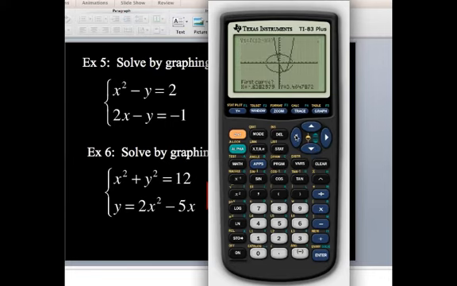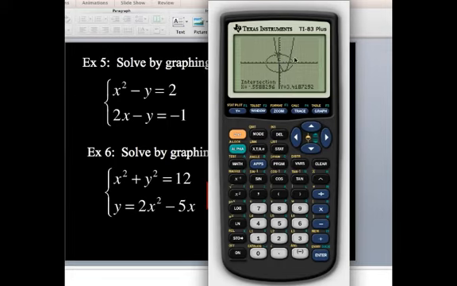And notice I'm already close to this one, so I'm just going to hit enter. But notice it jumps to this bottom curve, and that's not what I want. So I use the up and down arrows to go to the parabola. So I hit enter again, and now it will find the intersection of those two things. And we get one intersection is -0.56, and the other one is 3.42.